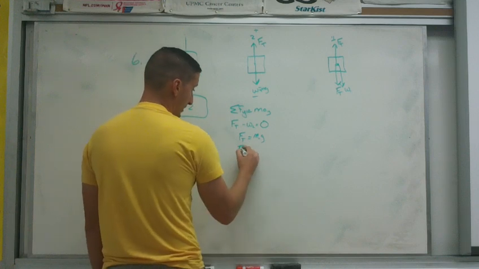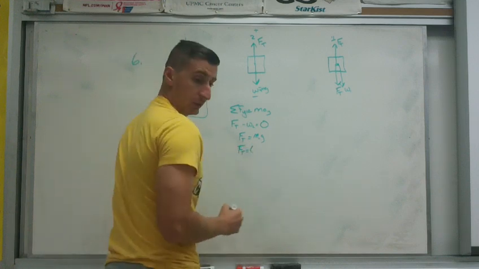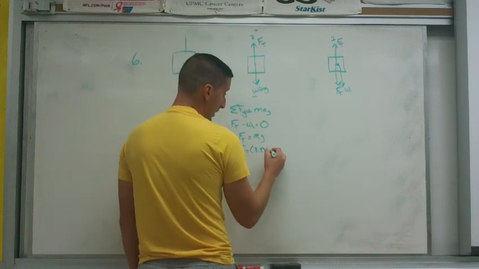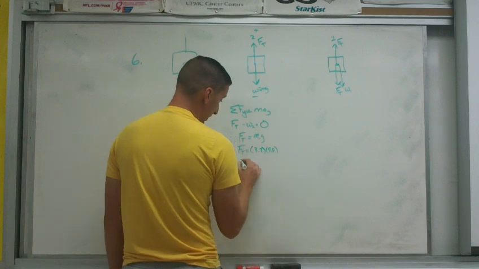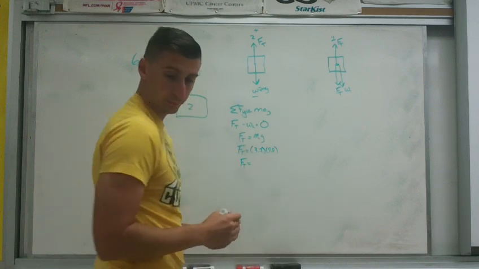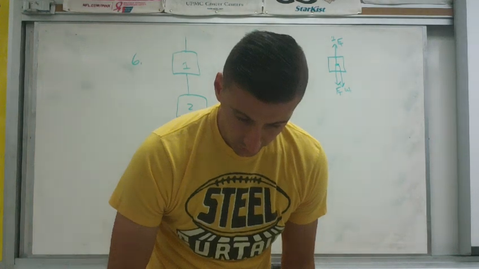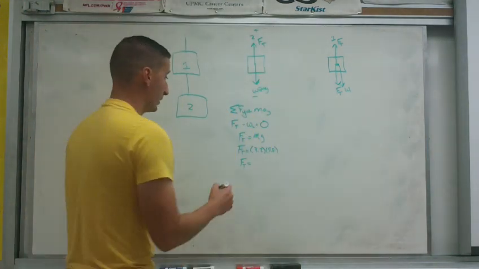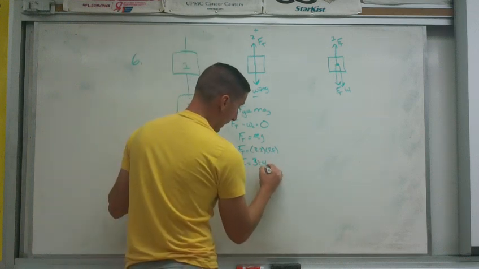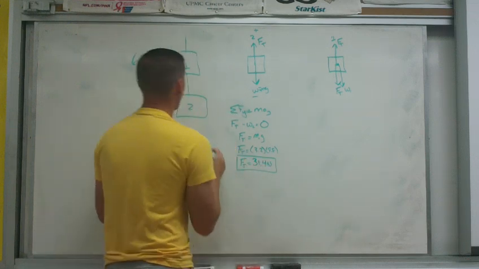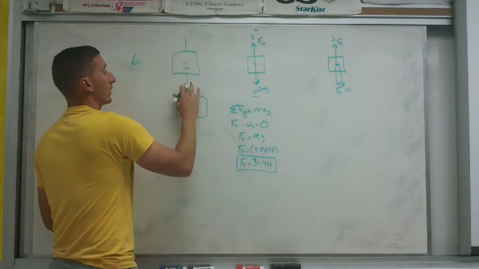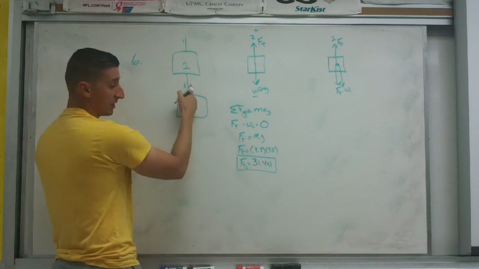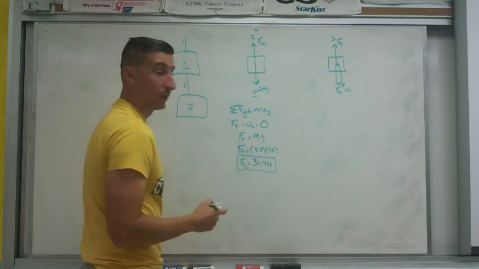Plugging in, mass is 3.2, g is 9.8, Ft equals 31.4 newtons. Let's call this rope 2, so the tension in that rope is 31.4.